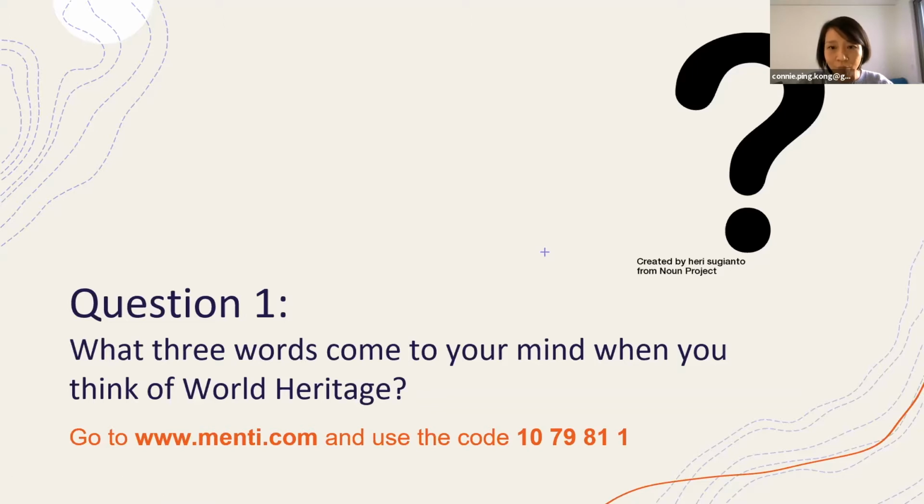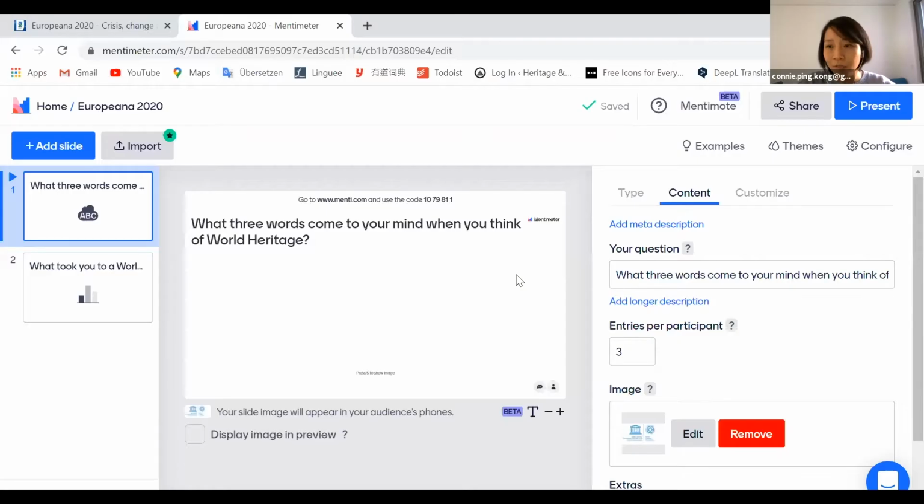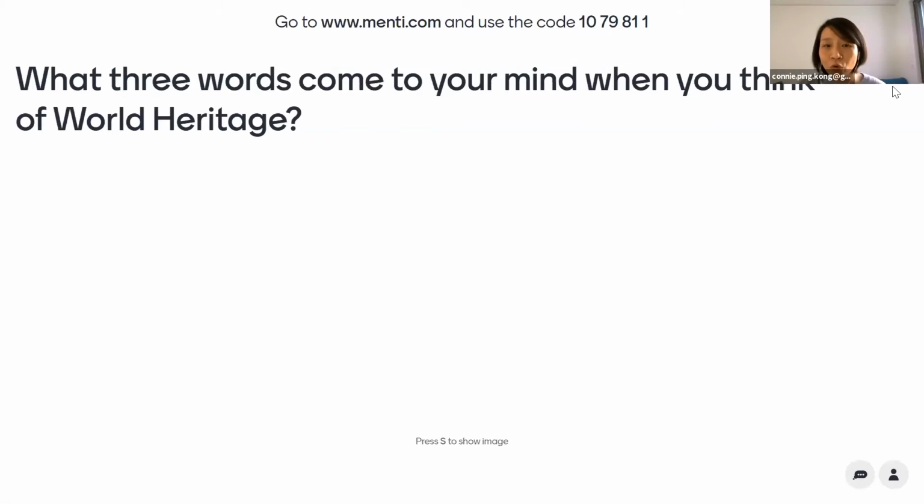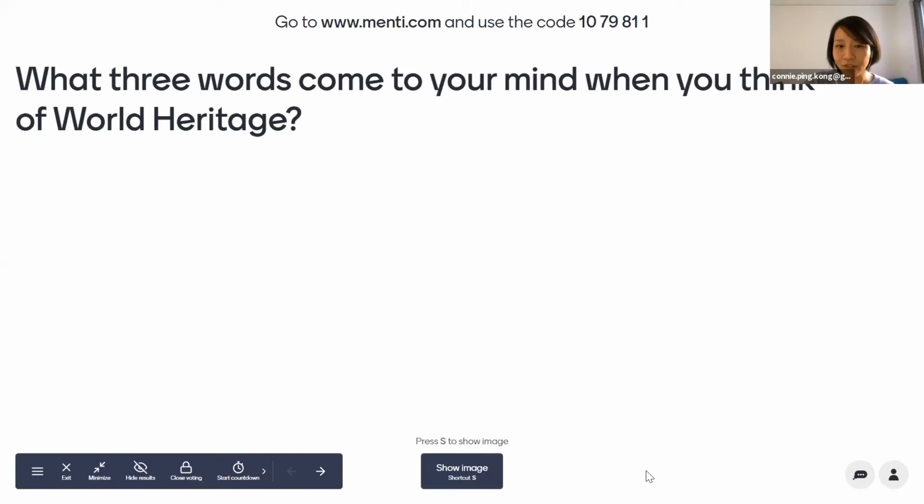Can you see the presentation in menti.com? My first question is: what 3 words come to your mind when you think of World Heritage? Or what 3 pictures or images come to your mind, whatever. Please type in your answers and we can share.